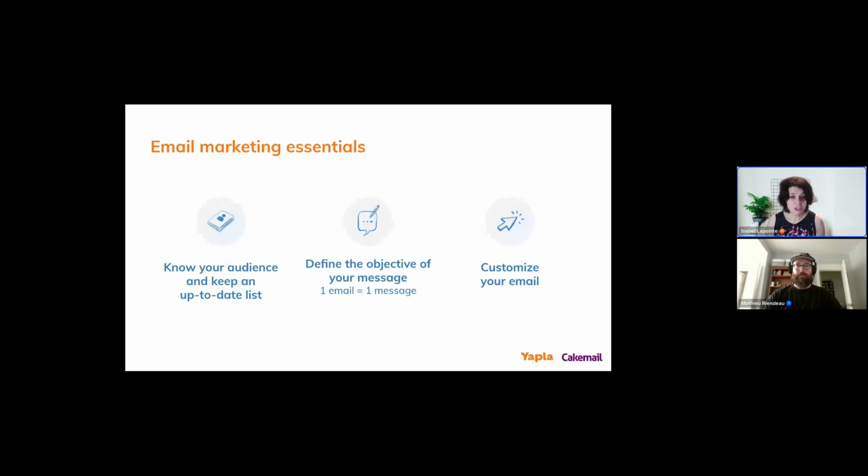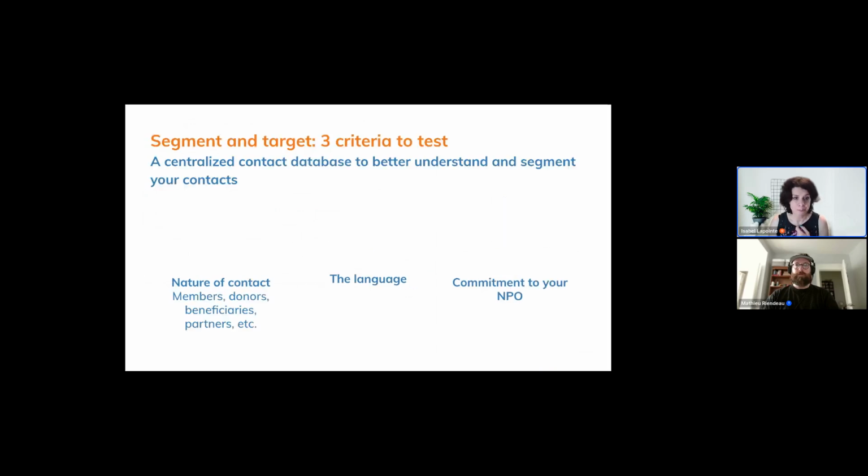Email marketing essentials. Whatever tool you're using, what is the most important? Know your audience. Keep an up-to-date list. We're talking so much about list hygiene, which is so important. Define the objective of your message: one email, one message, and customize your email so you create a special relationship with your readers.